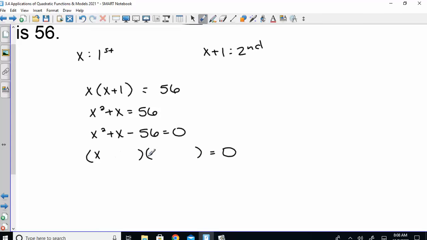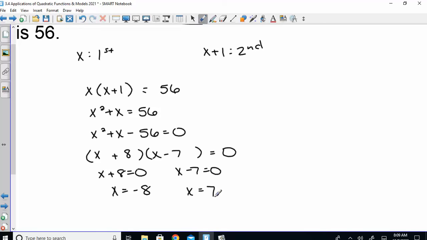X squared breaks into x. What multiplies to negative 56 and adds to positive 1? Positive 8 over 7. So if we set those equal to 0, we get x to be a negative 8 and positive 7.